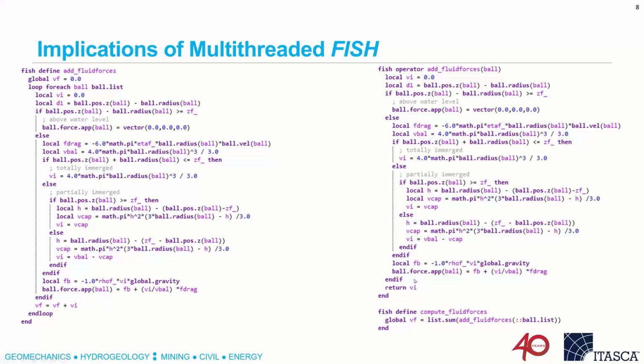And then we can call this operator over the list of balls in a split way to perform the computation on multiple threads to get the same results. And for example, in this case, you can get a speed up of about 5 on my computer for the same operation.